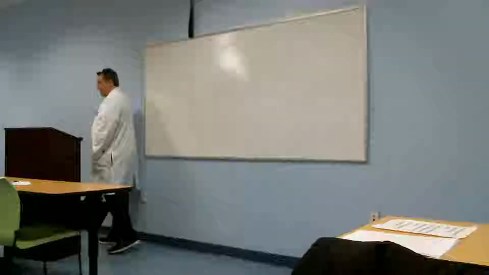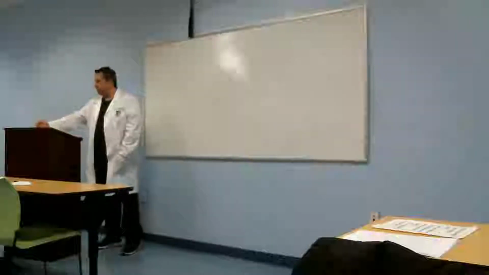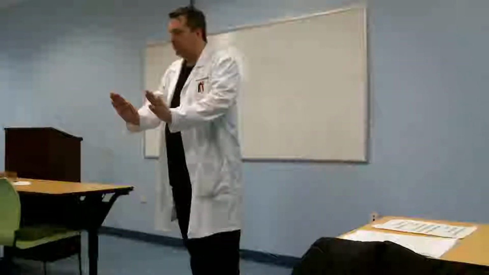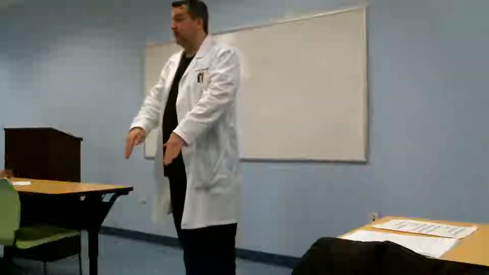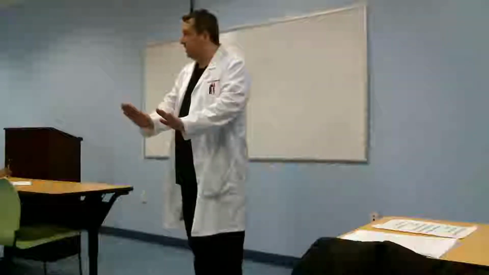Now you'll notice under flexion I've included dorsiflexion and plantar flexion. This is specifically the feet. To dorsiflex the feet, the toes go up this way. To plantar flex the feet, the toes go down. If you plantar flex your feet, your heels come up off the ground.